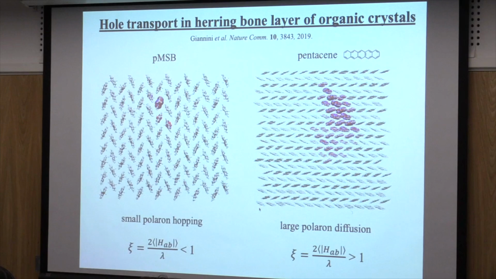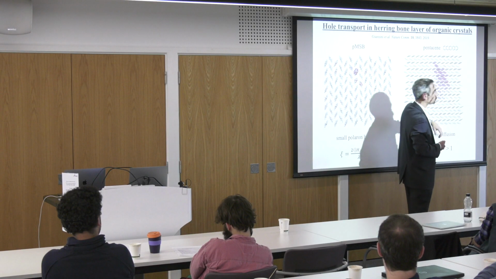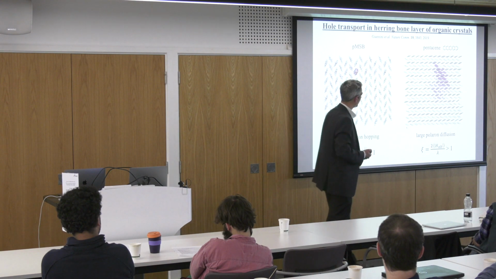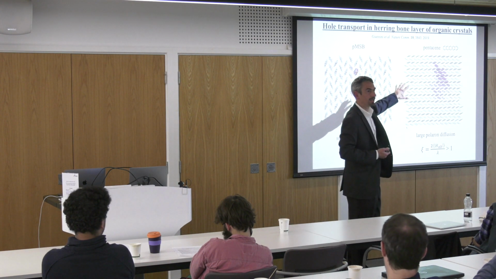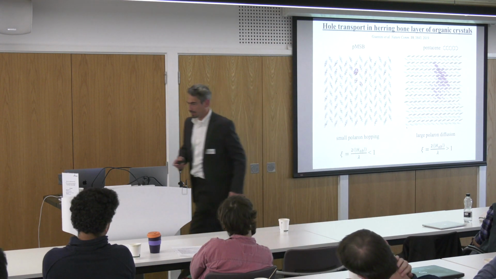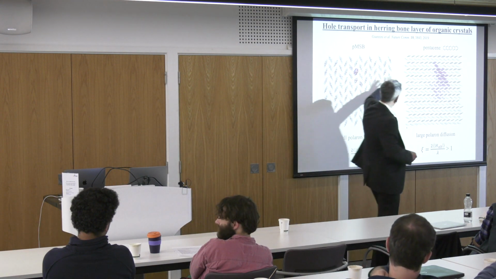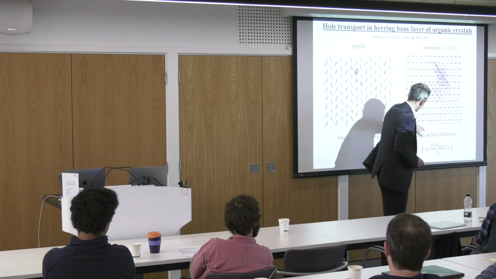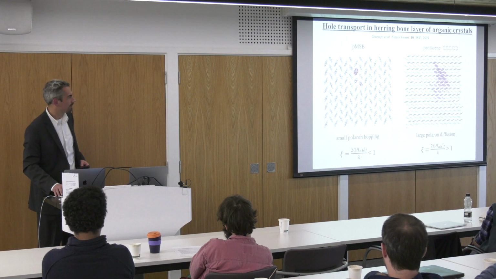You have the disorder in the electronic couplings that basically destroys these strongly delocalized states. They are strongly delocalized states, but they are thermally not accessible in this system. Again here, the polaron is much larger than here, and the reason is that the electronic coupling with respect to the reorganization energy is larger than 1.